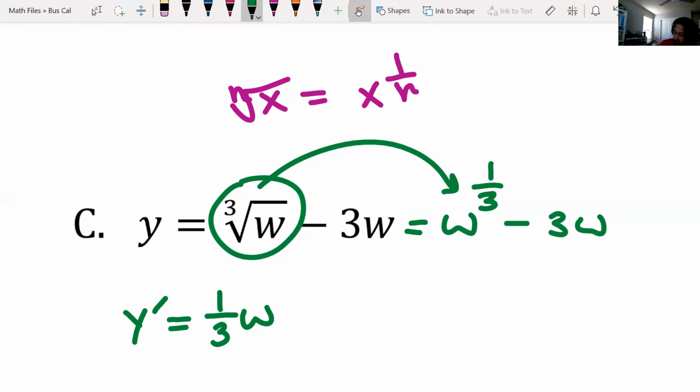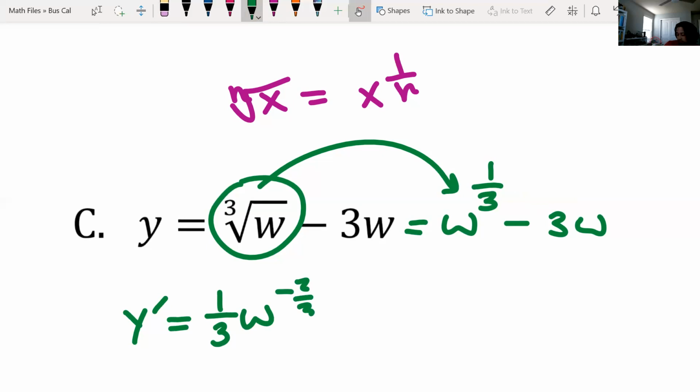Because again, you'll subtract 1 and you'll do 1/1, but it has to become 3/3. So this will become 1/3 minus 3/3, which gives me negative what? 2/3. 2/3. There you go.